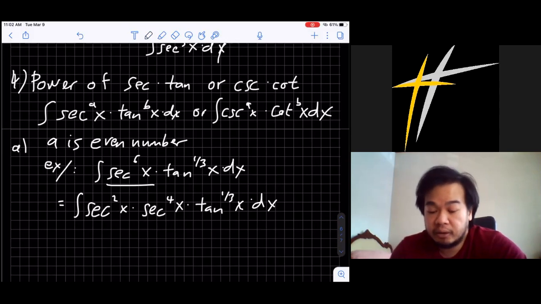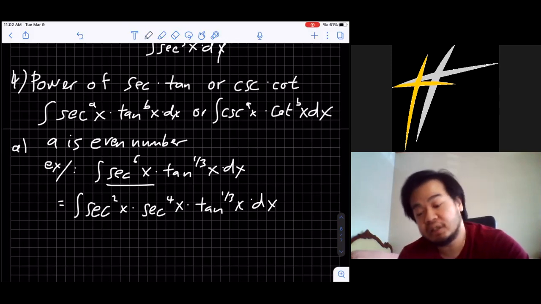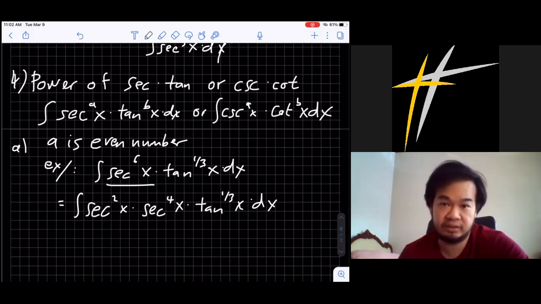Now the question is, should we change the secant square x, or the secant power 4x, or tangent 1/3x? I think we all agree that it's impossible to change tangent power of 1/3x, so it's either secant square or secant power 4. If you change secant, of course you change it with the Pythagorean property, secant square equals tangent square x plus 1.